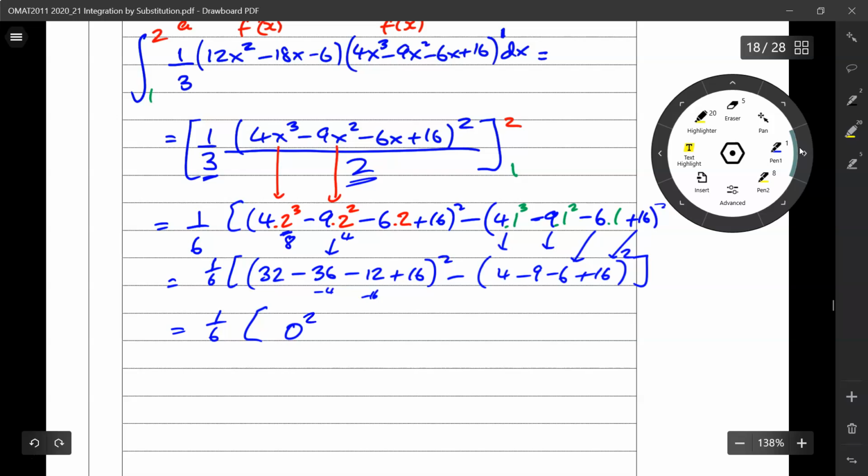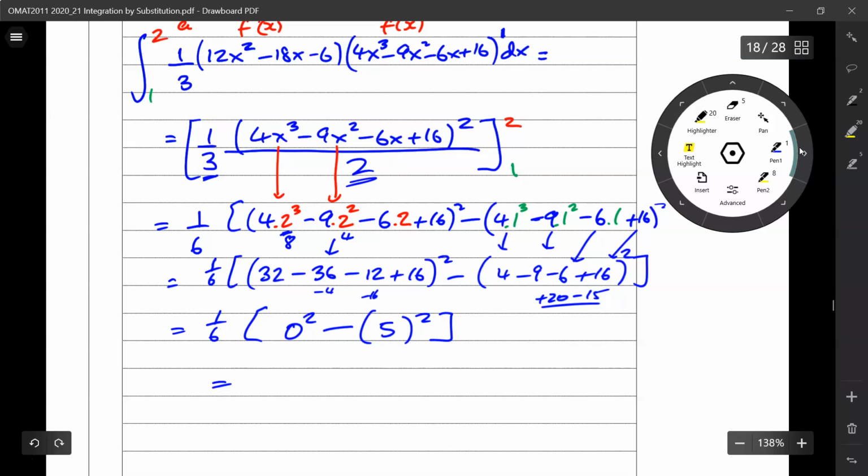So it's 0 squared minus, and on this side we have 16 plus 4 is plus 20, and we have 9 and 6, so it's minus 15. So here we have 5. When we add all this up, we have 5 all to be squared.